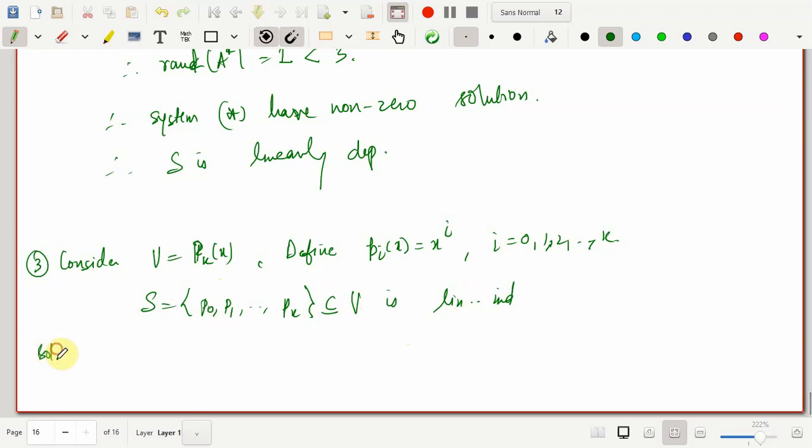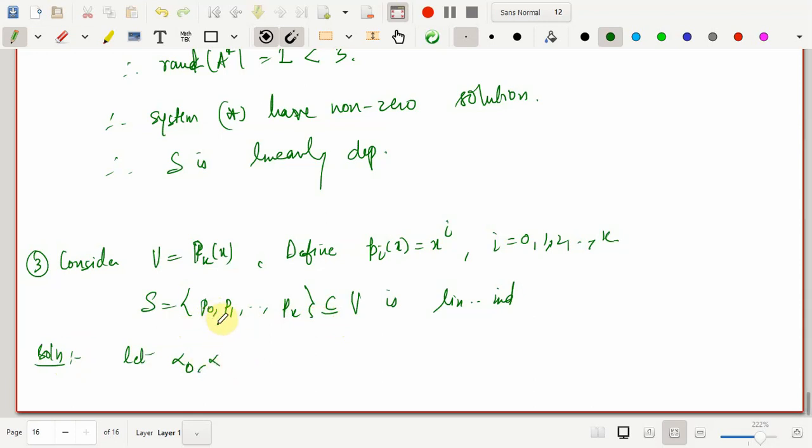So solution: let there be k plus 1 scalars, because there are k plus 1 entries in this S. We are starting from P naught to Pk. So P1 to Pk becomes k elements, and in addition we have P naught, so that becomes k plus 1.